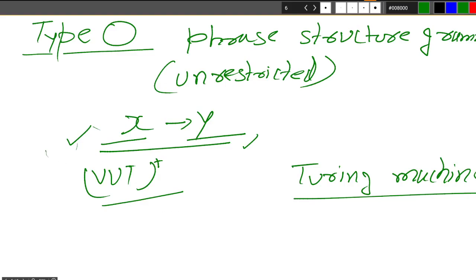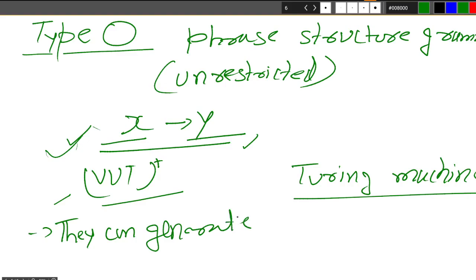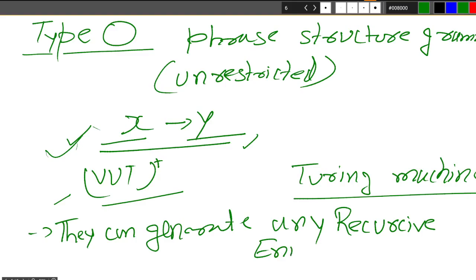So, these kinds of rules which are unrestricted can generate any RE language. RE means recursively enumerable language. Okay, this was the story of type 0 grammar.